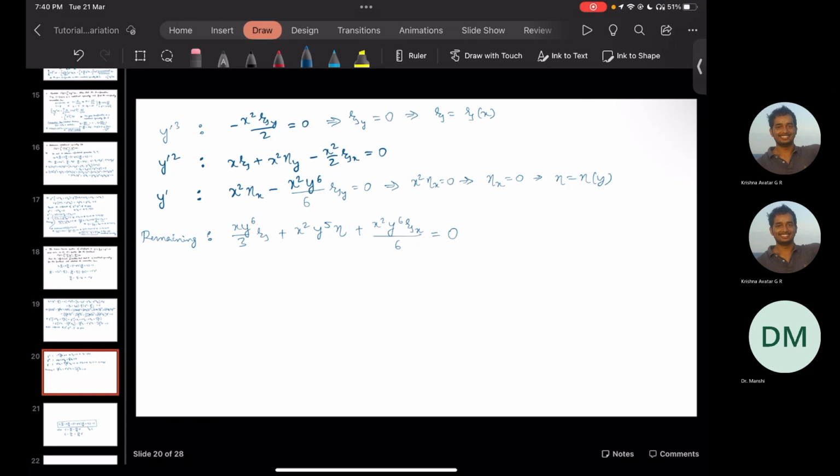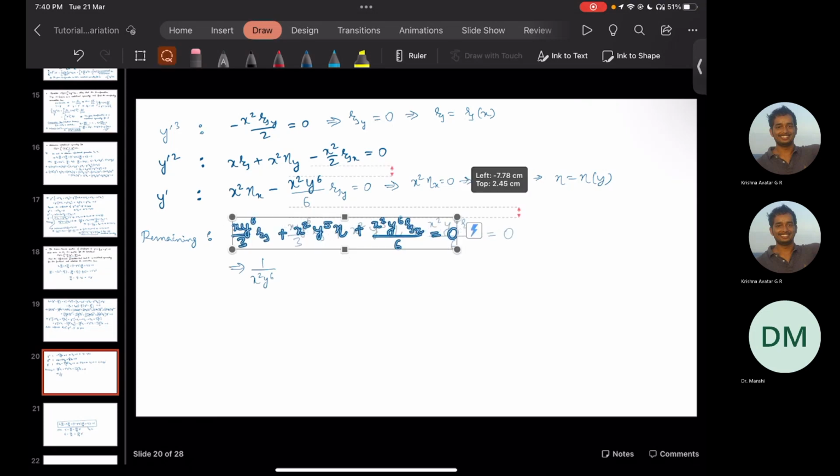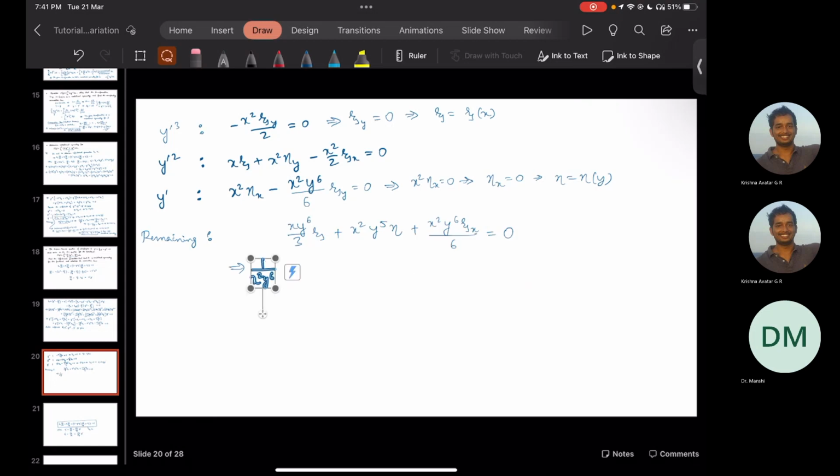Now what we'll do is, from the final equation we just divide throughout by x squared y to the power 6. So we'll do this operation.